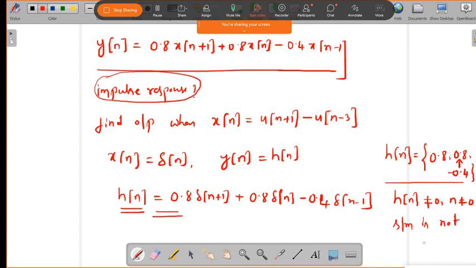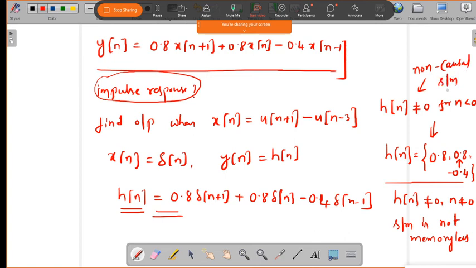Okay. Now you can find out whether it is causal or not. Is h of n equal to 0 for n less than 0? See here, for n less than 0 it is not 0. So, that is why it is a non-causal system. Okay. Non-causal system.